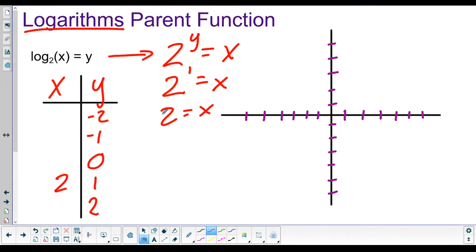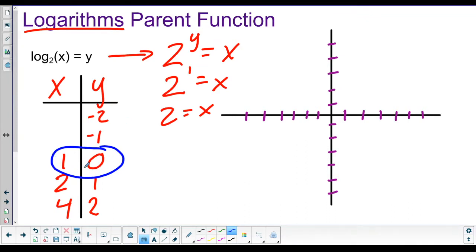All right, if we plug in 2 for y, 2 squared is 4. And if we plug in 2 to the power of 0, any number except 0 to the power of 0 is 1. That's going to be super important because this point is going to show up a lot for us. So it's important that we understand why this happens.